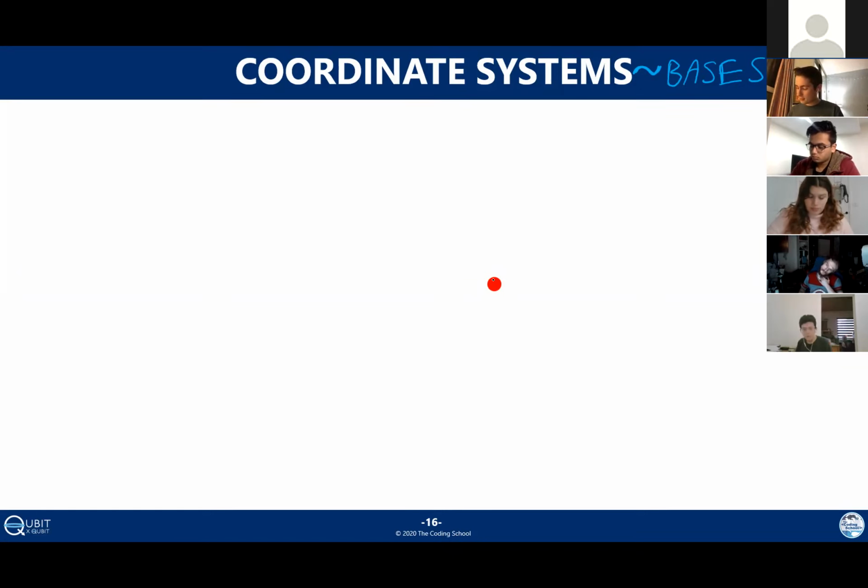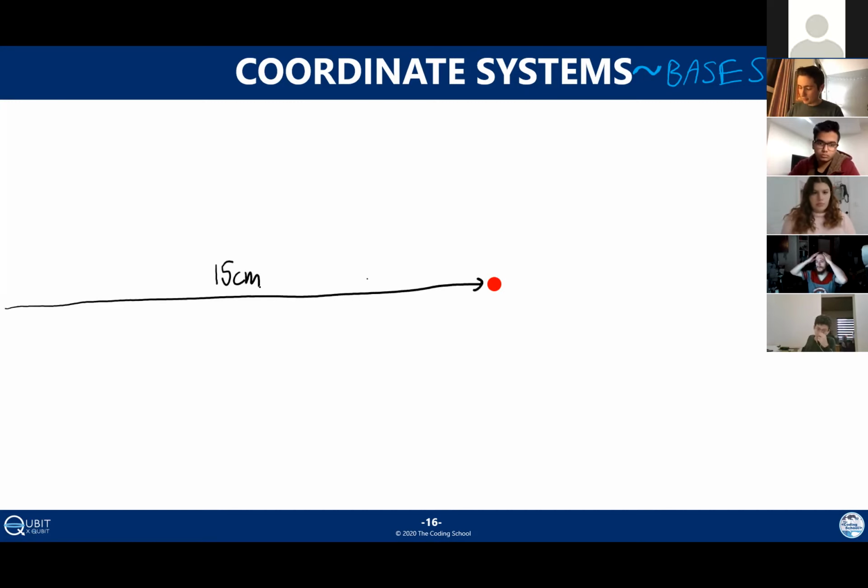If I give you a point somewhere out in the middle of nowhere, the basic responsibility of a coordinate system is to give me a way of conveying to you where this point is. One way I might describe this is to tell you that this point is about, I don't know, 15 centimeters from the left side of my screen, and about, I don't know, 8 centimeters from the top of my screen.